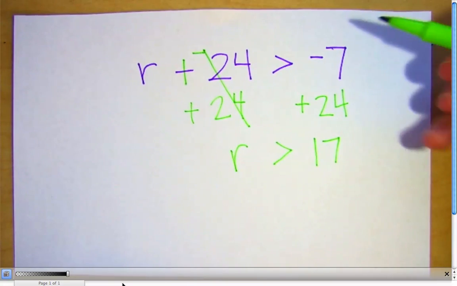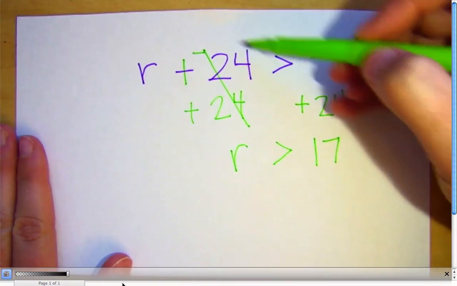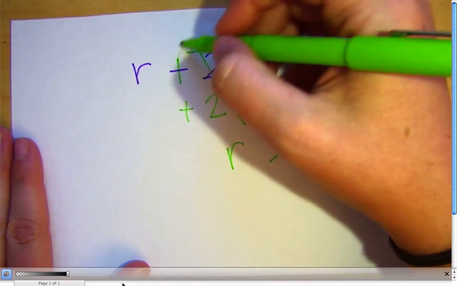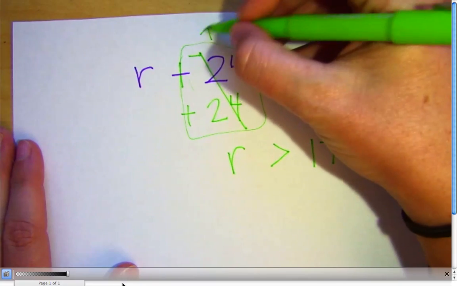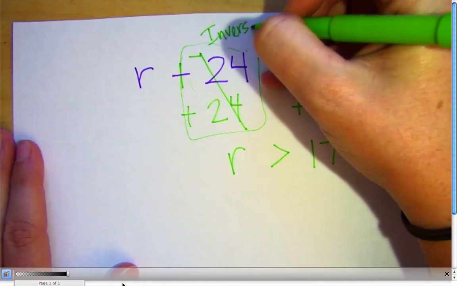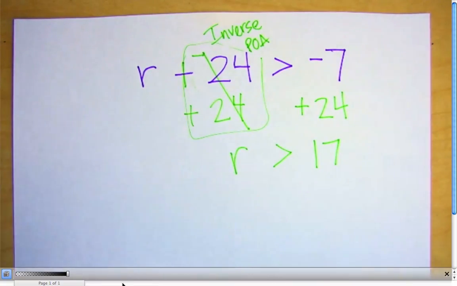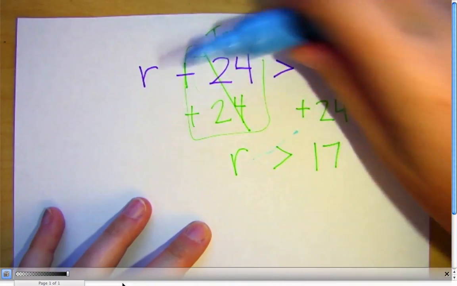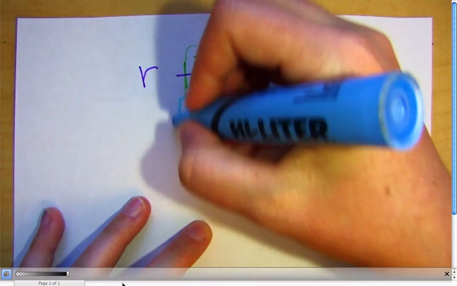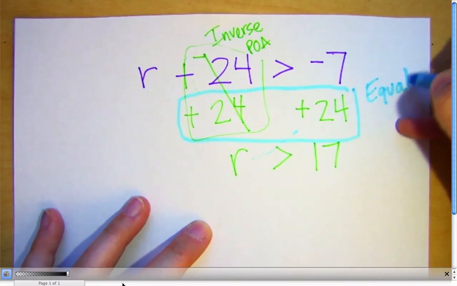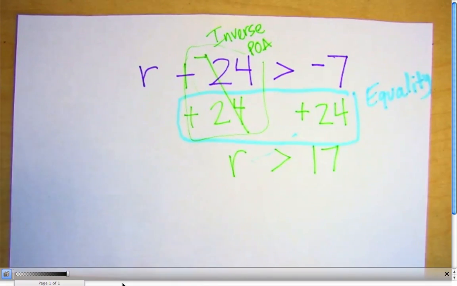So to recap my properties I'm using, my inverse property of addition right here means that this equals 0. My equality property is keeping this inequality balanced. Gotta do the same thing to both sides of an equation or inequality.